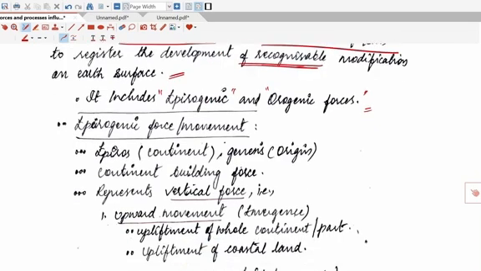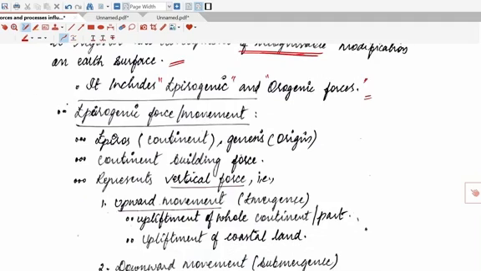So now we'll discuss what epirogenic forces are. We have classified epirogenic as one and orogenic as the other part. Epiros means continent and genesis means origin. It is a continent building process which represents vertical force, that is upward force or downward.